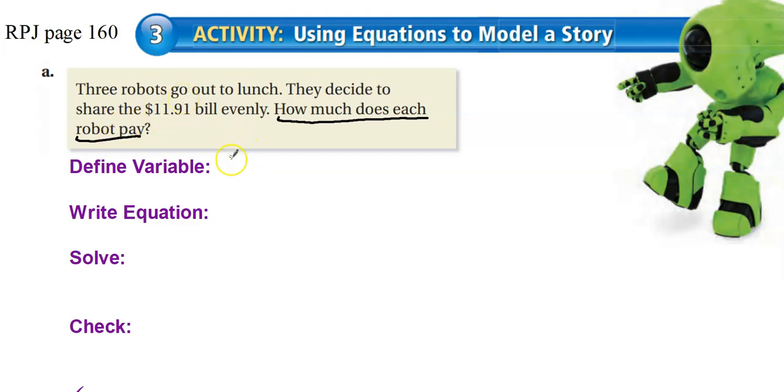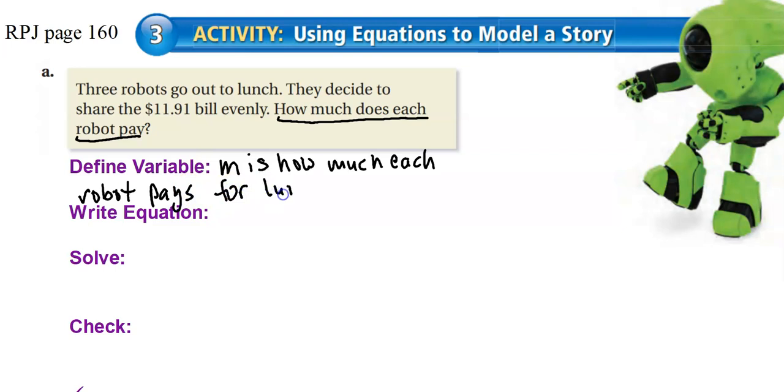I could say M is how much each robot pays for lunch. You can picture these 3 guys sitting down and splitting a bill. So this was the total bill.